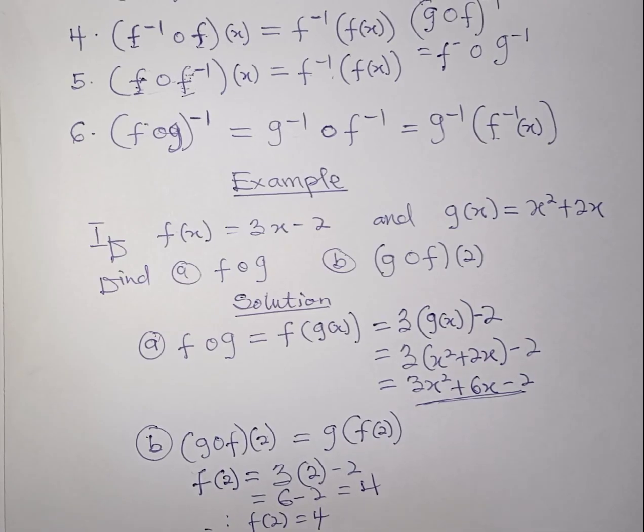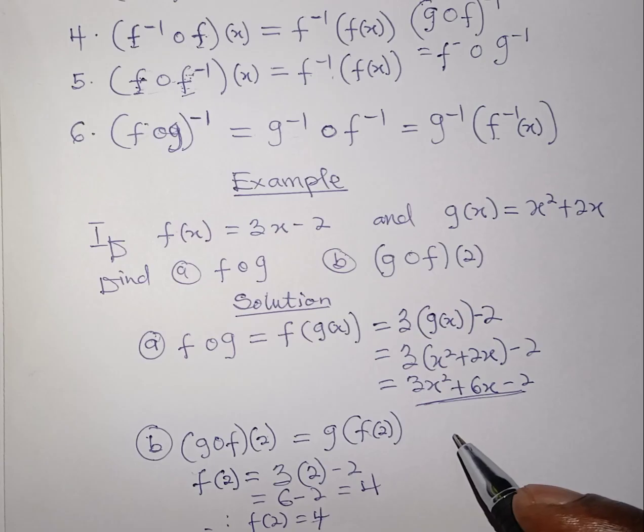The 4 that I've got, I'm also going to substitute in g. This 4 is the image of f at 2, and I'm going to substitute it into g.